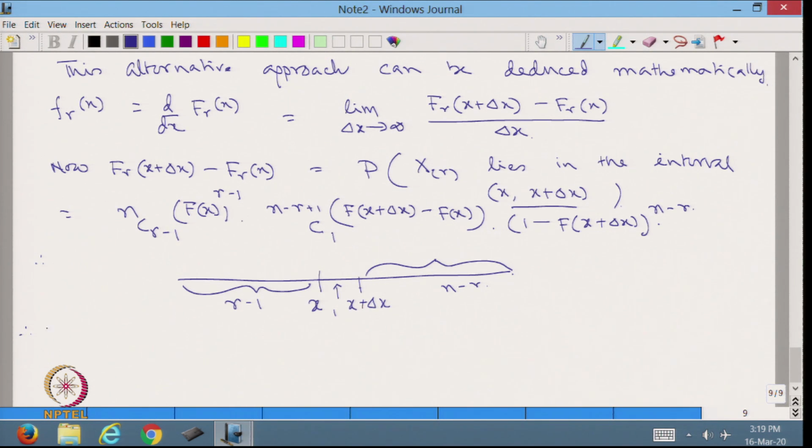Therefore, dividing by delta x and taking the limit delta x going to 0, we have the following.